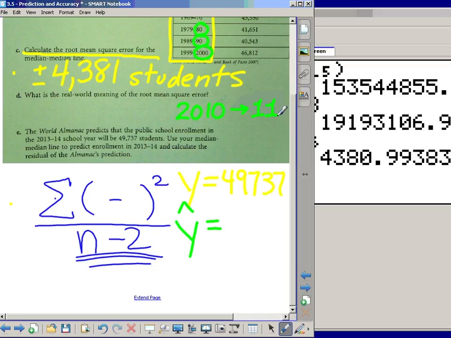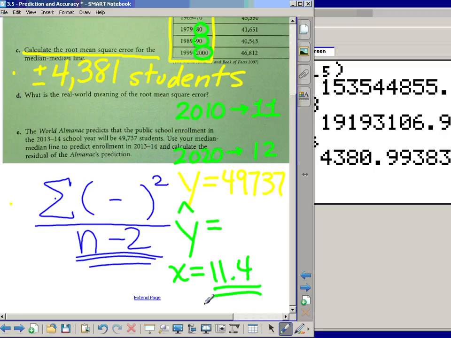It would be 11 decades past the beginning. For the year 2020, I would put in 12. So for the year 2014, I'm going to actually plug in an X value of 11.4. I'm going to put 11.4 for the year 2014.